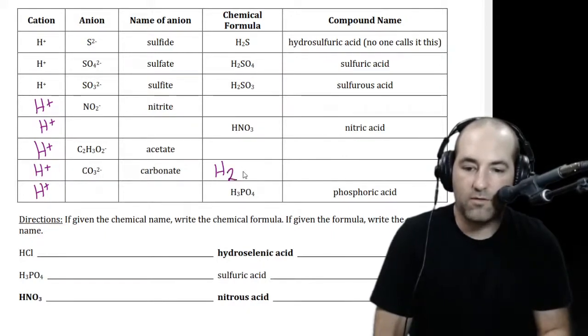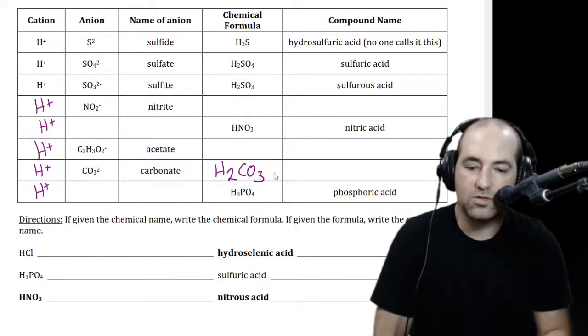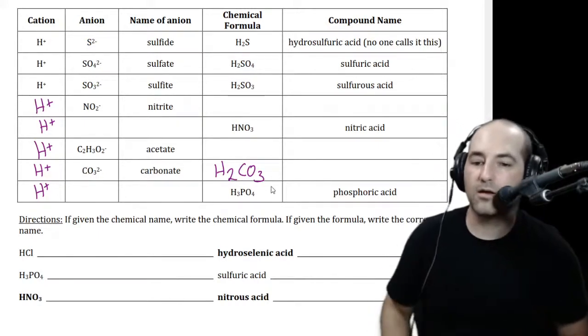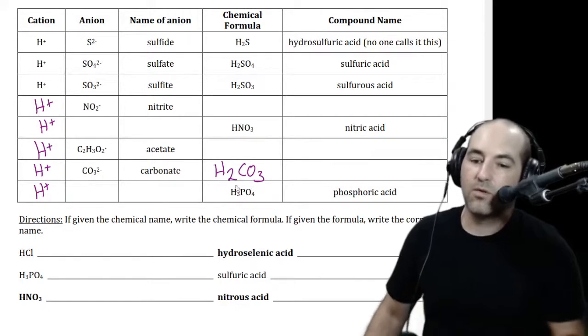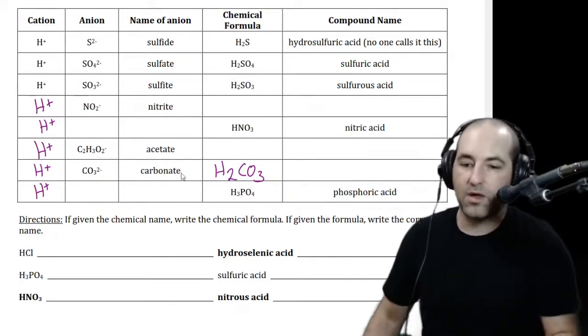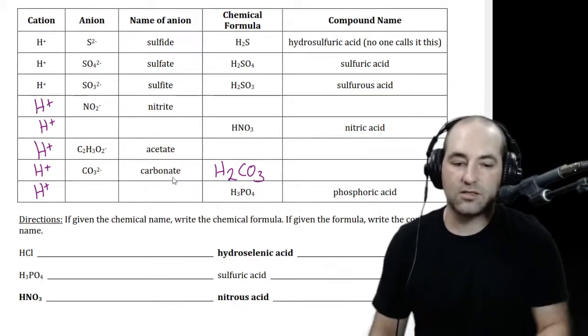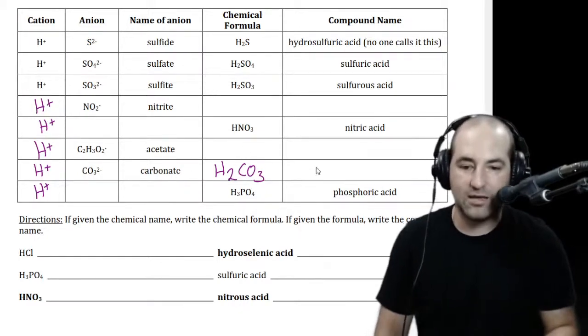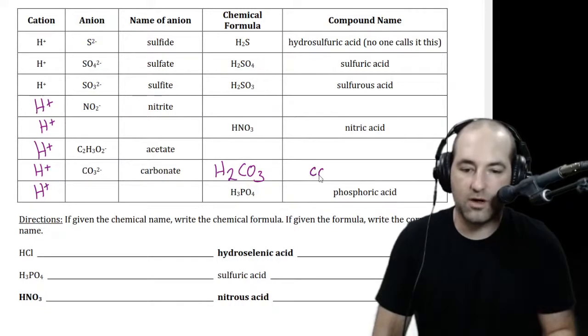So our overall formula is going to be H2CO3. So to name this now, we're going to take the name of this ion, carbonate, and we're going to change the ending ATE to IC. And so instead we call this carbonic acid.